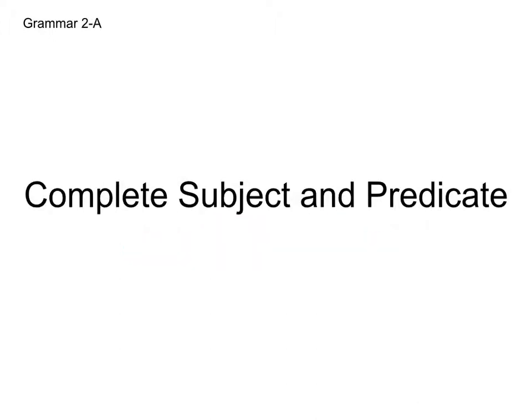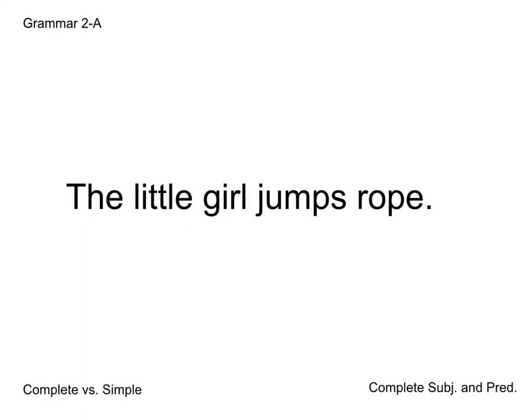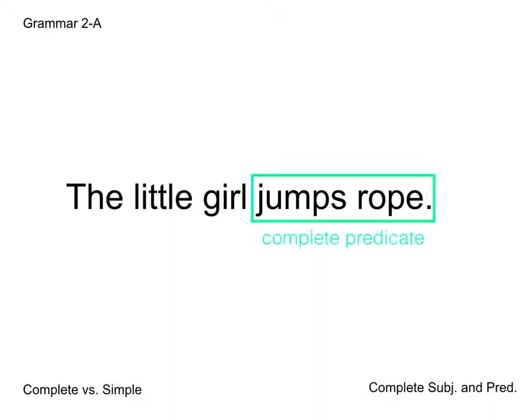Now let's look at this complete subject and predicate. We're going to use the same sentence, the little girl jumps rope, and once again we'll start with the predicate. We know that jumps is the simple predicate. Now to find the complete predicate, what we will do is we will box what is the predicate and all the words that come after it to make the complete predicate. So jumps rope is the complete predicate.